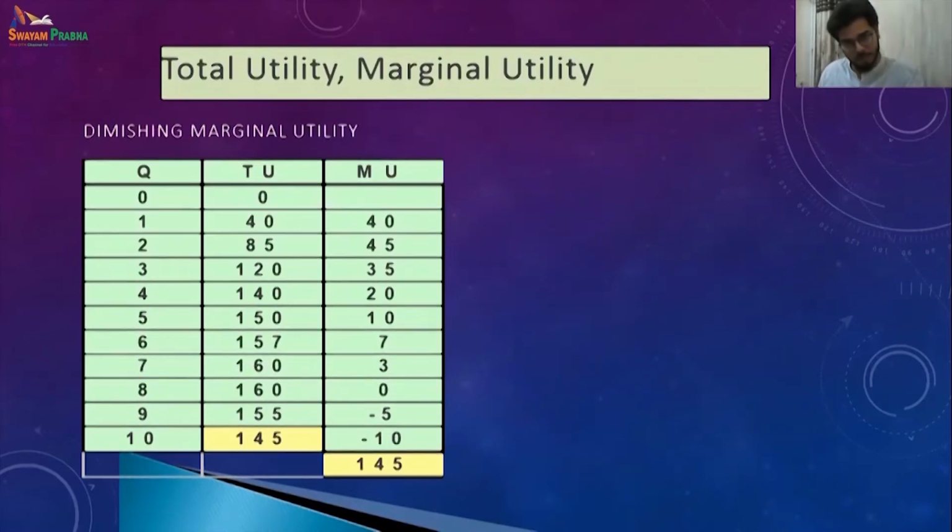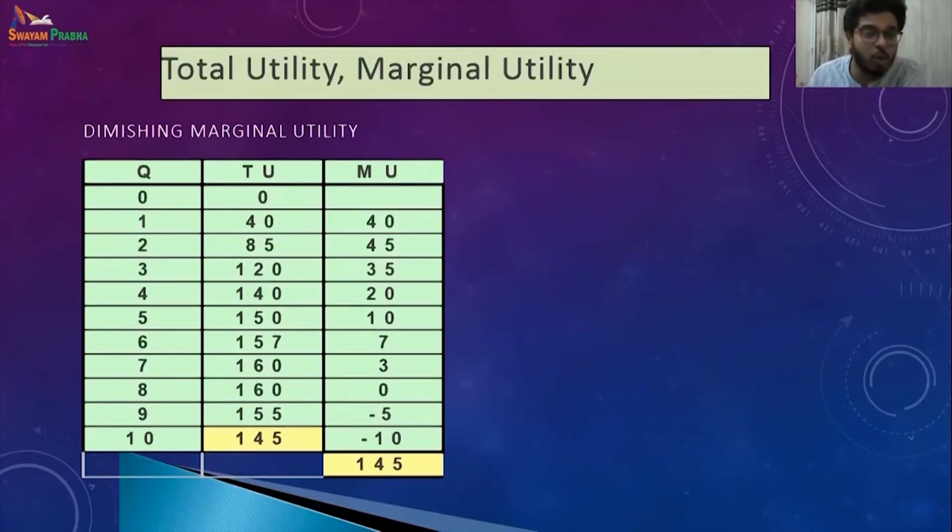My utility now is 85; initially it was 40 when I had 1 Rasgulla. So 85 minus 40 is 45, divided by 2 minus 1, which is 1. So your marginal utility is 45.